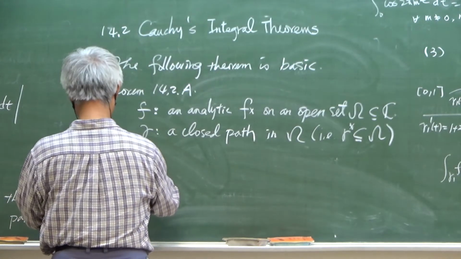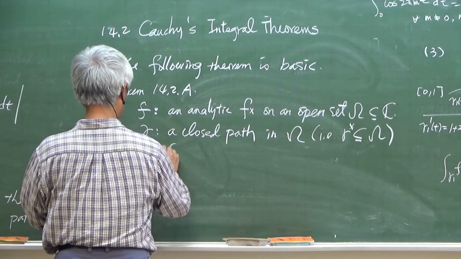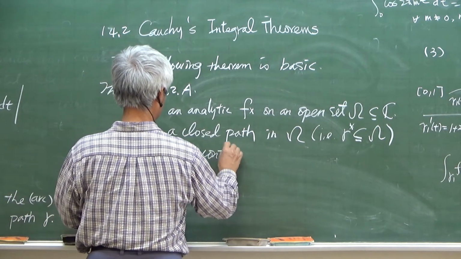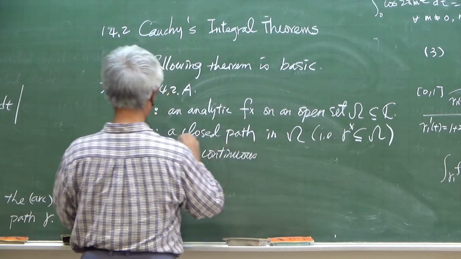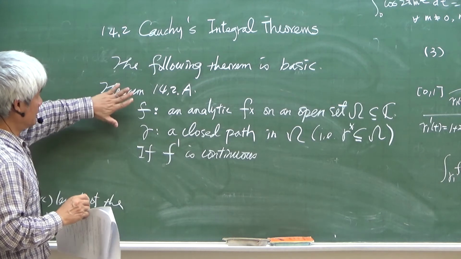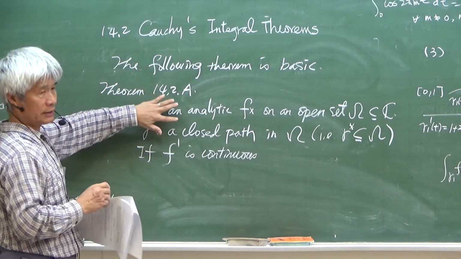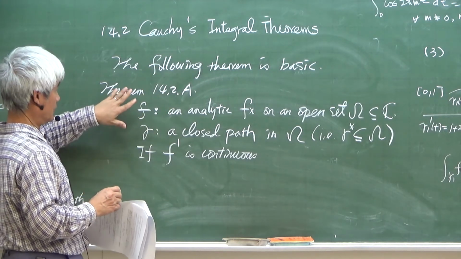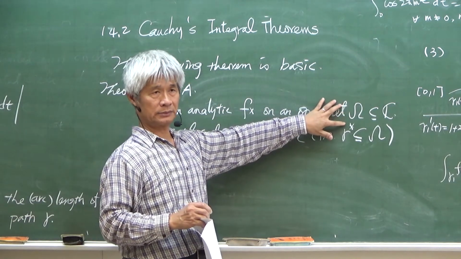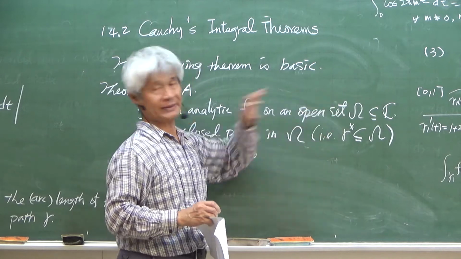Okay, and we also assume the derivative is continuous. This is the assumption. So f is already analytic, which means that f has a derivative at every point of the open set.